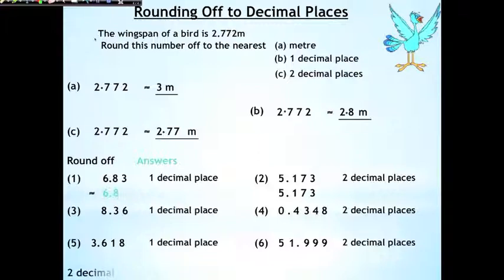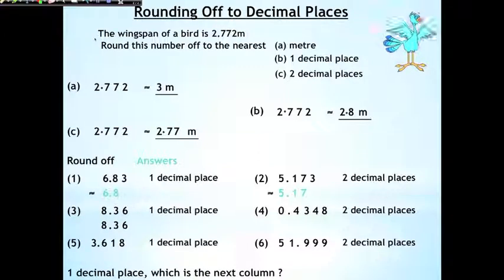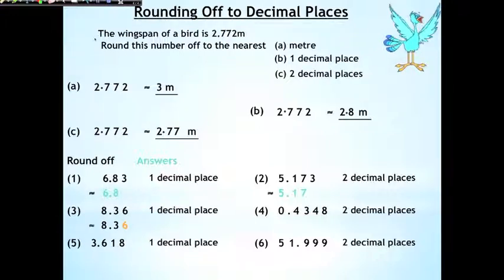So we look at the next column, which is a 3, and again it's less than 5, so we round it down to 5.17. And the next one, 8.36, we want to round it to 1 decimal place. The 6 tells us that we need to round up, so it's going to change to 8.4.